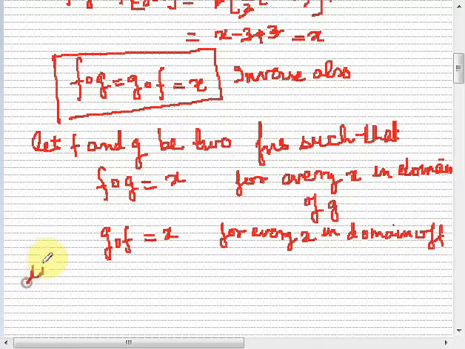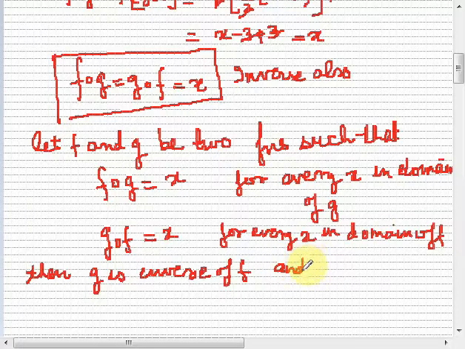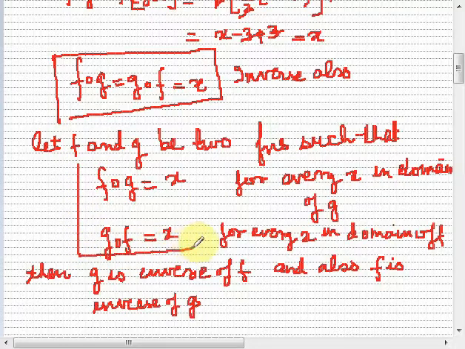Then g is inverse of f, and also f is inverse of g. This is the formal definition. This should hold.